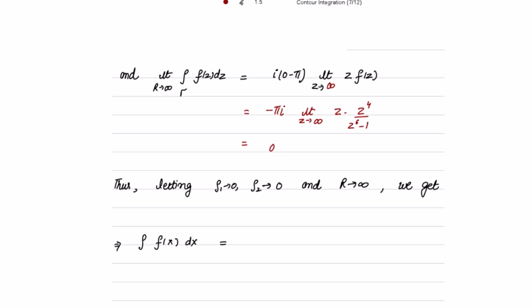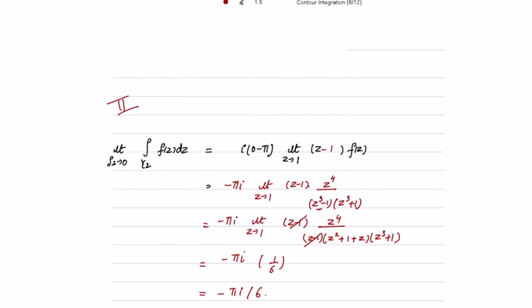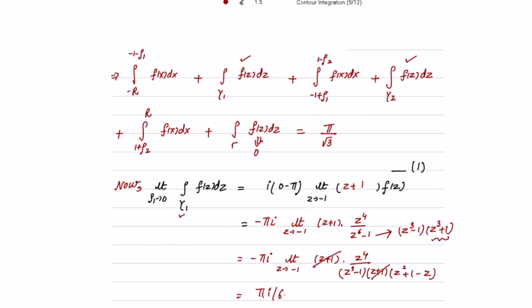Now letting rho 1 tend to 0, rho 2 tend to 0, and r tend to infinity in equation 1. The main equation, this equation as 1. Now when you put r tending to infinity, you get negative infinity to minus 1, because rho 1 is 0. And then putting the value we have just calculated for gamma 1, and then this will be from minus 1 to 1 because rho 1 and rho 2 are tending to 0.